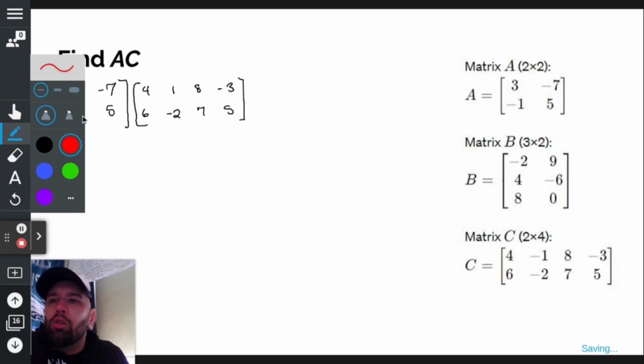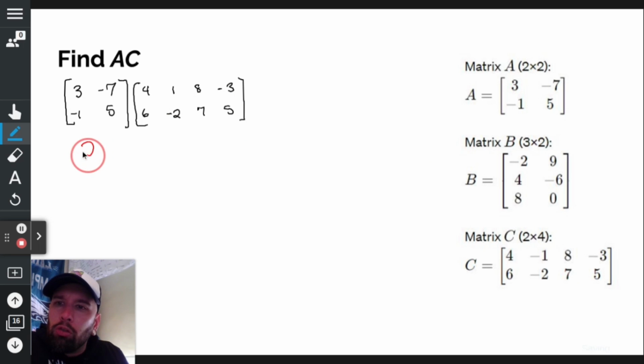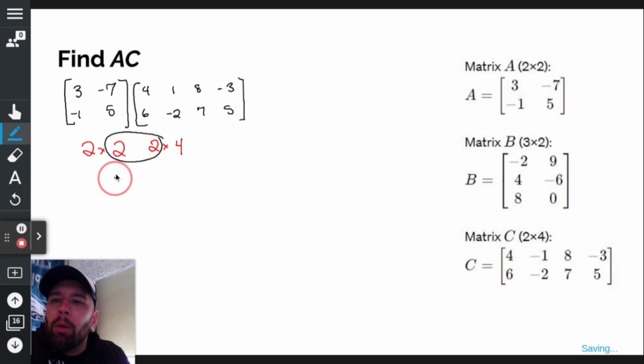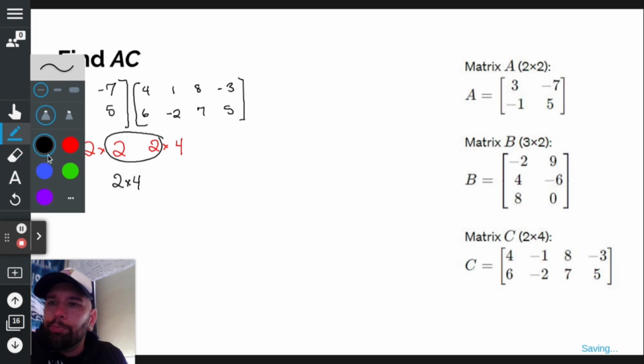You have 2 rows, 2 columns. You have 2 rows, 4 columns. These combine, and we'll end up with a 2 by 4. Gross. All right. No big deal, though.